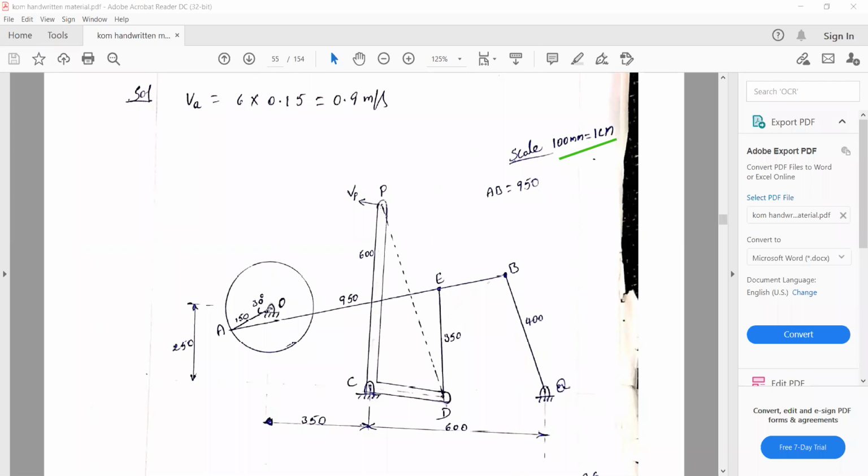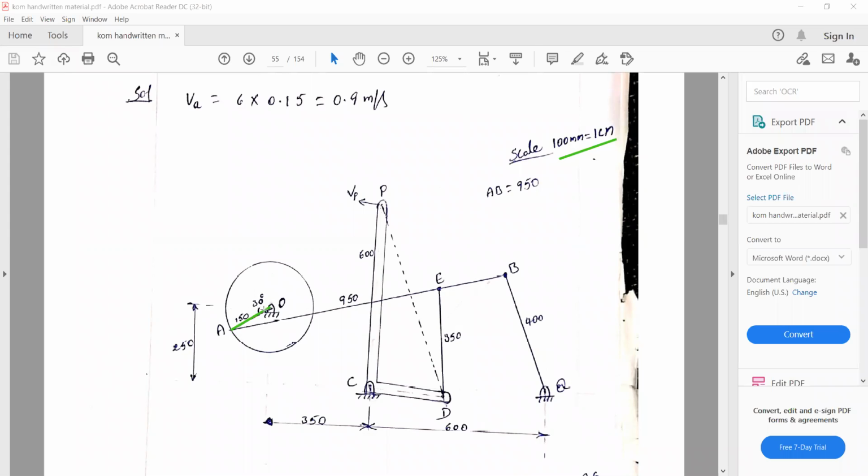Take the protractor and mark the 30 degrees angle on the bottom side, and draw a 1.5 centimeter length at the angle of 30 degrees. Take one point and put the 30 degrees inclination and 1.5 centimeter length. Is it clear?